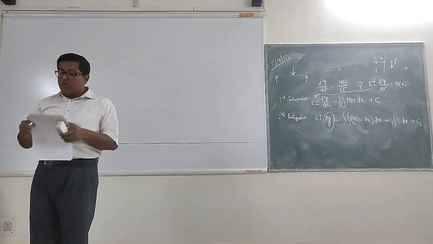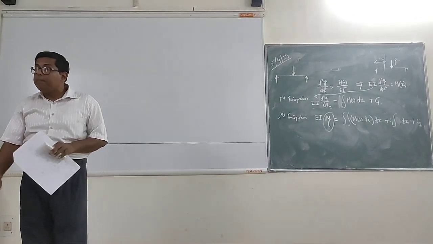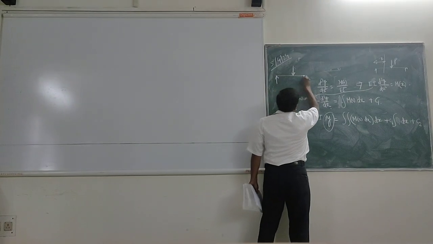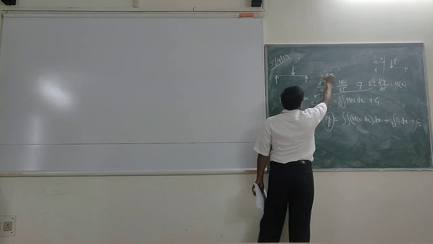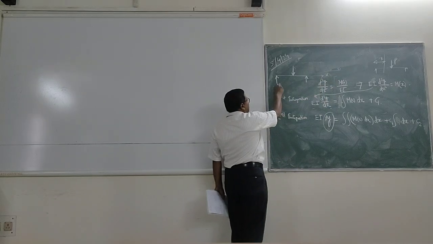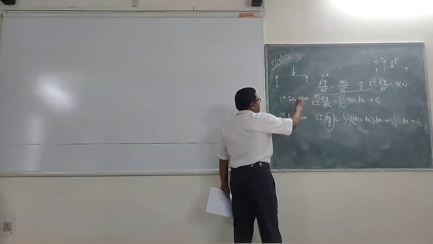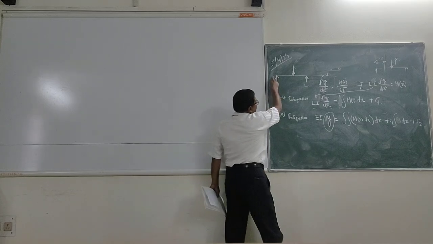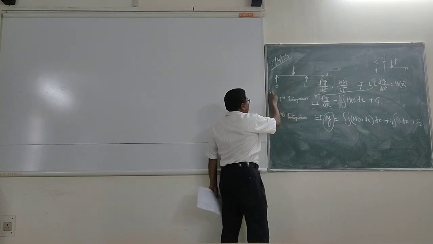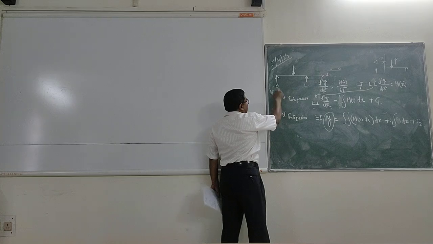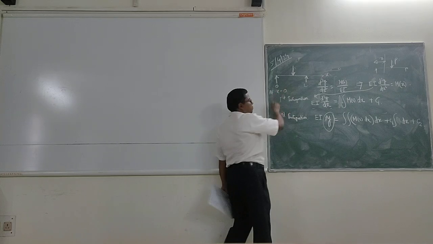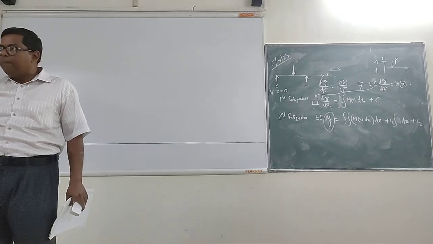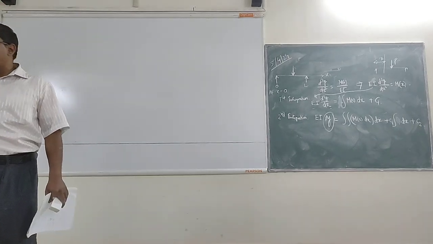So what will be the boundary conditions for a simply supported beam? If I consider my length in this axis, the x-axis, this is my 0 length and this is my L, right? So if I take this as the x-axis, what I can say is at x equal to 0, in any simply supported beam, the vertical deflection will always be 0.